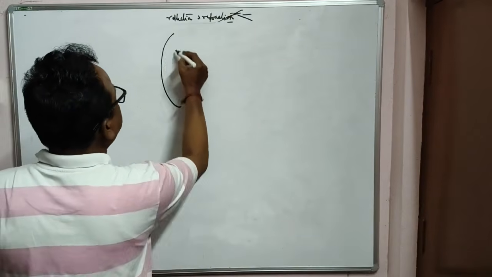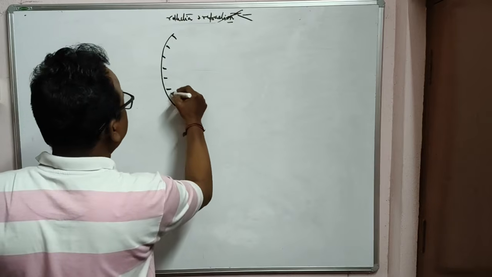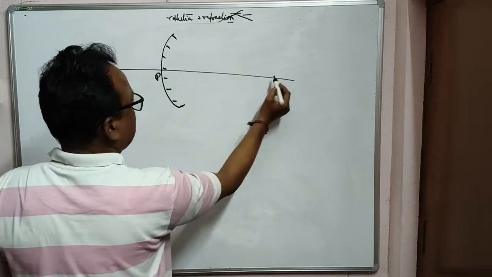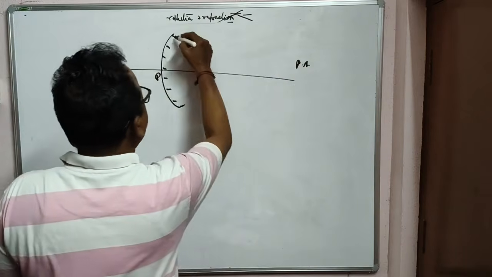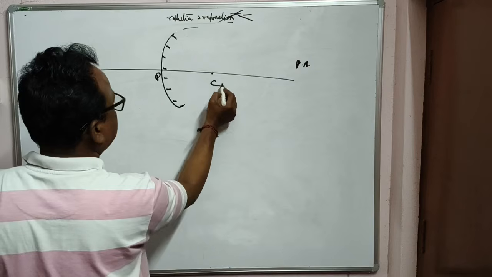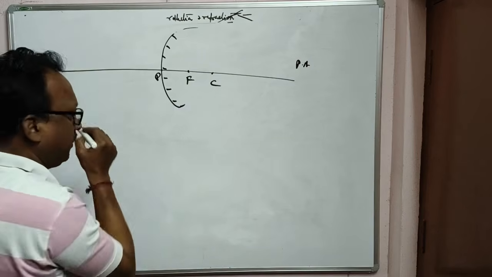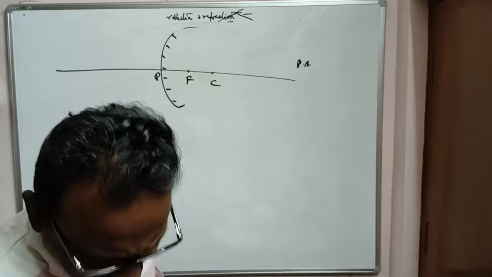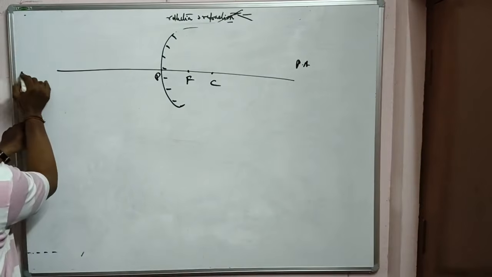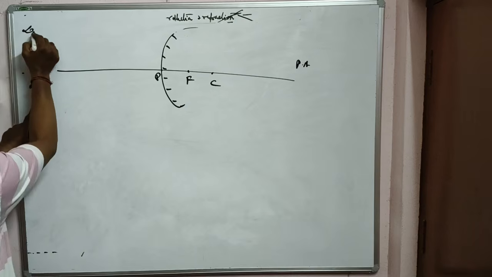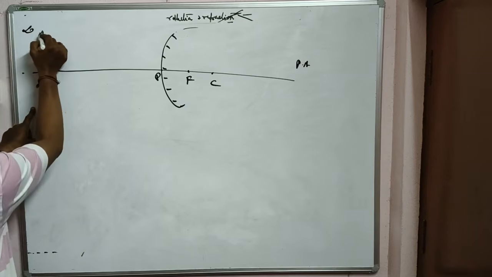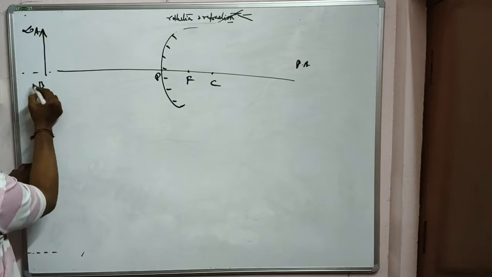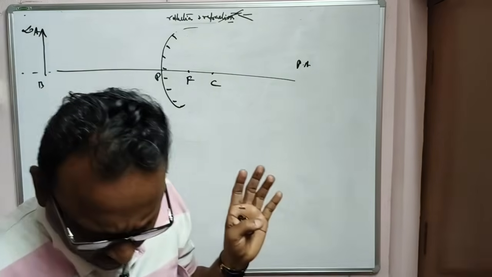convex mirror, please. See here, convex, I told you, this is the structure inside, pole of the mirror, principal axis, and convex, this is center, this is focus. Now suppose in this case the object is at infinity, some extended object at a long distance, infinity.